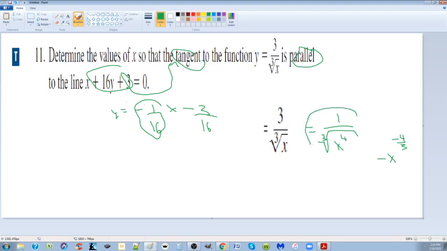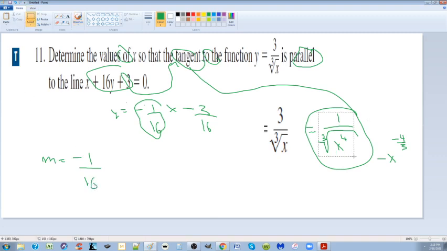So now we know a formula for the tangent, but we don't know the x and the y values that are parallel to this line. But we do know an m, and we do know that that m is also going to be equal to this formula, because this formula also produces the m of any slope.